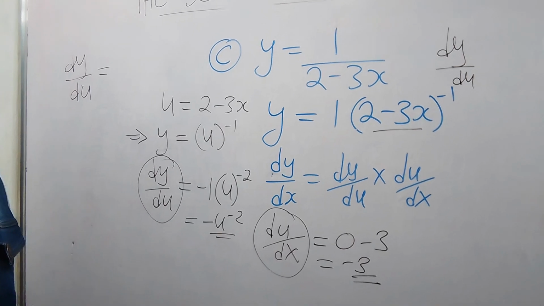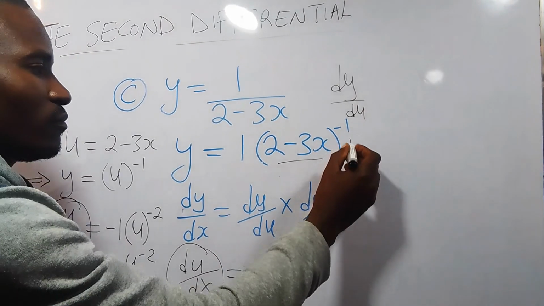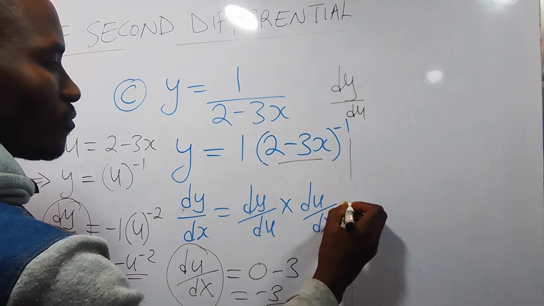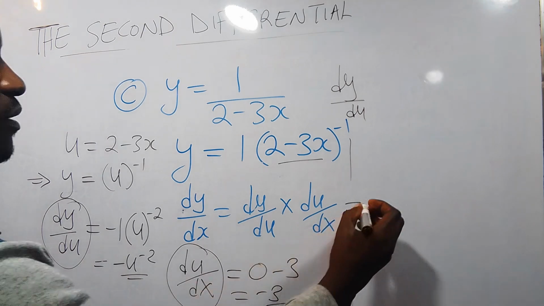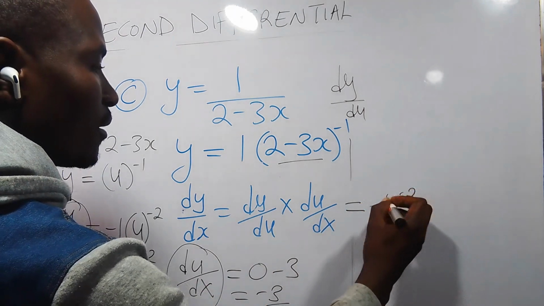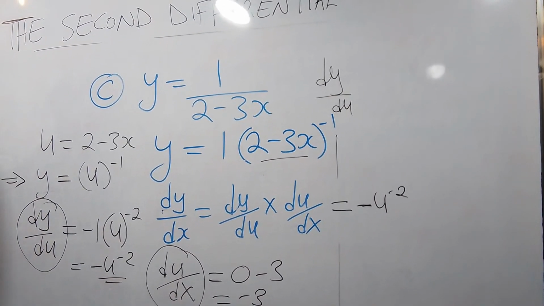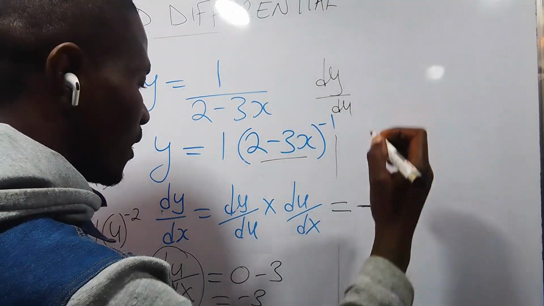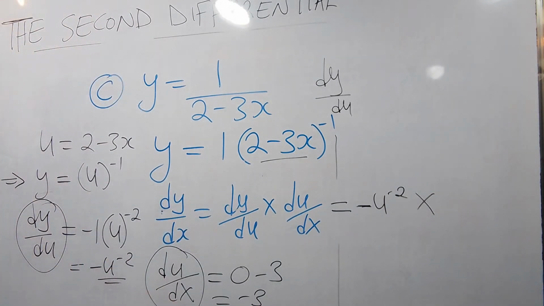So over that side now, dy over du is negative u to the power negative 2, multiplied by du over dx, which is just negative 3.